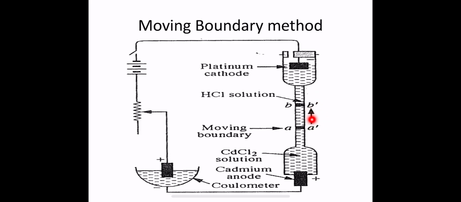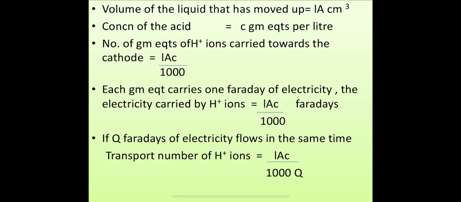Here we can see the arrow mark. This arrow mark shows that the boundary separates the two solutions and is moving upwards. Suppose the boundary moves through a distance of L centimeters. That means the separation between the two solutions, hydrochloric acid and cadmium chloride, is L centimeters.